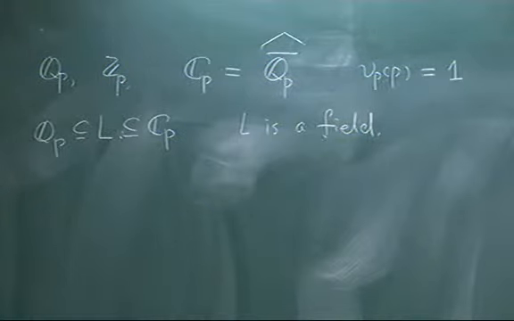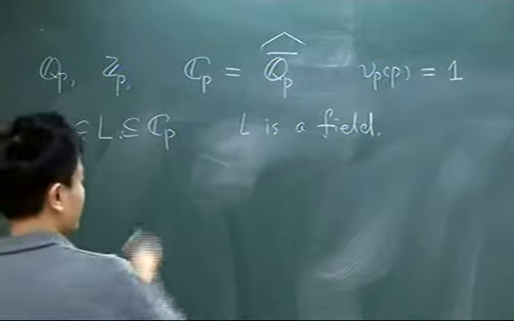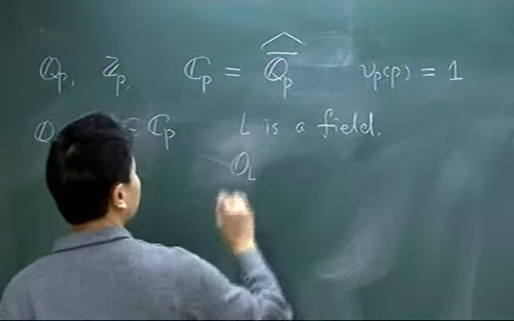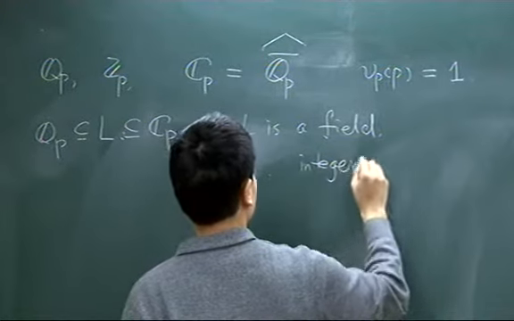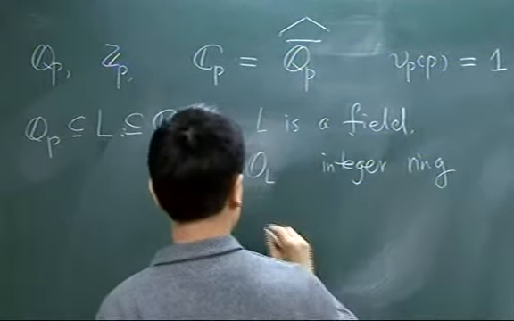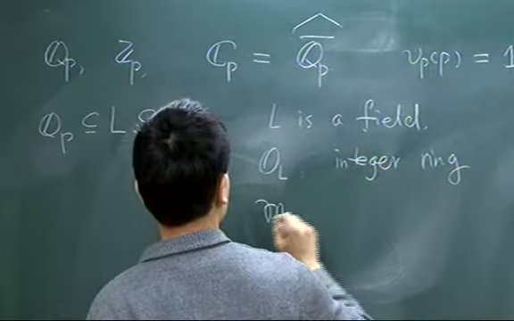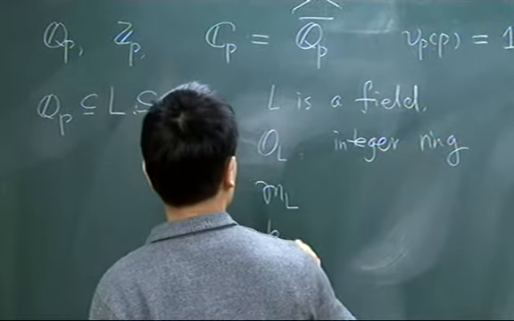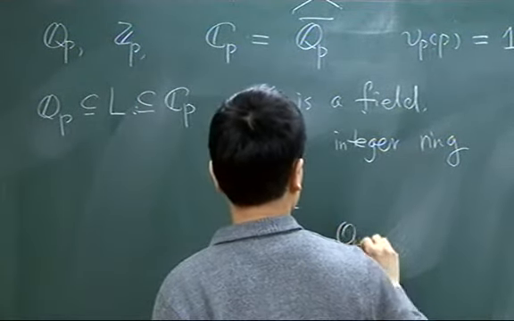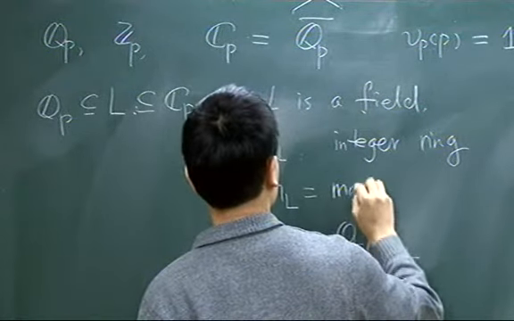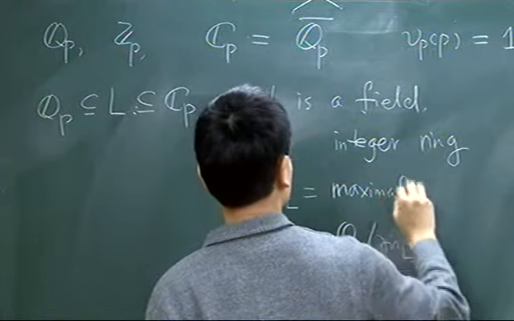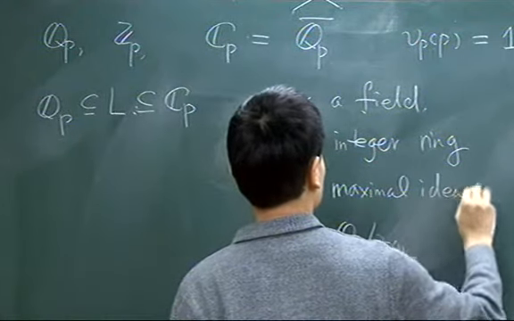If we have L, then we have O_L, the integer ring, and then m_L, the maximal ideal, and then k_L.